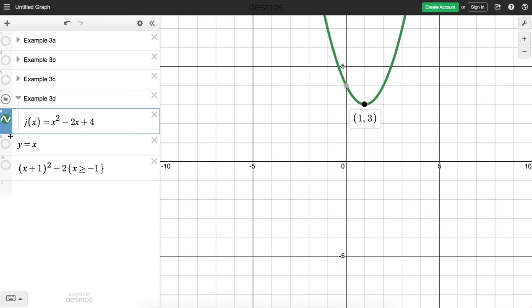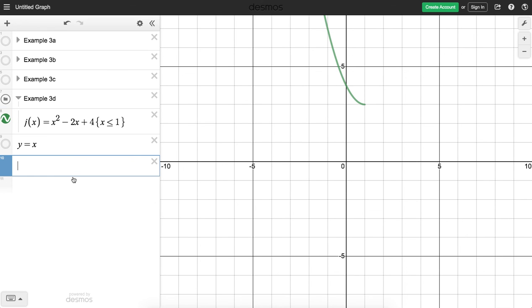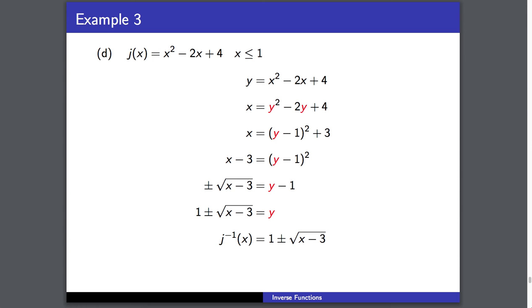So let's take a look at that. Once again, here's our original function we were given. Get rid of this. So our inverse function is 1 plus or minus the square root of x minus 3. I'll take a look at that. So 1 plus the square root of x minus 3. Make sure that's correct. Yeah.